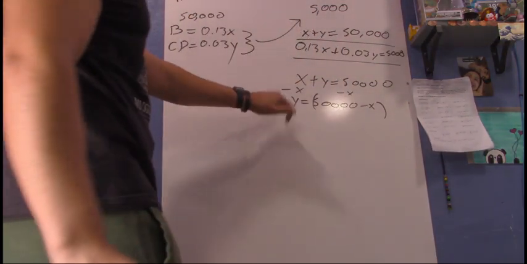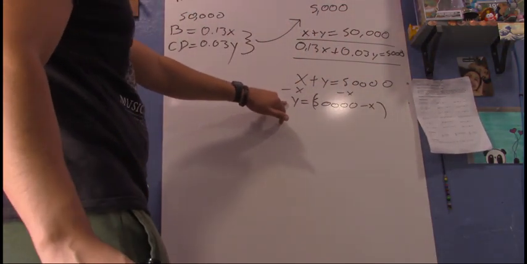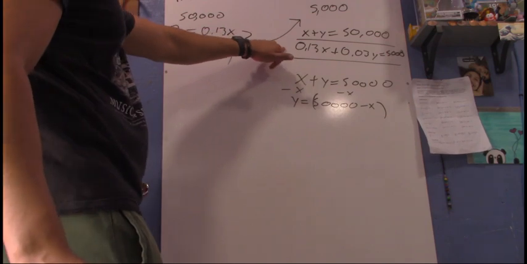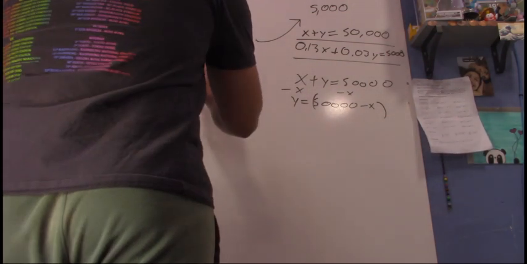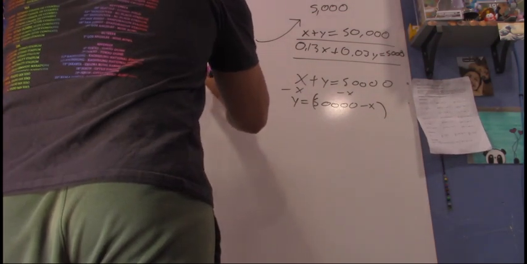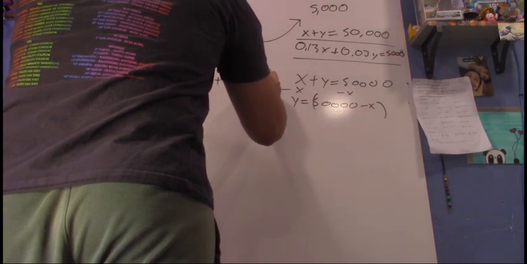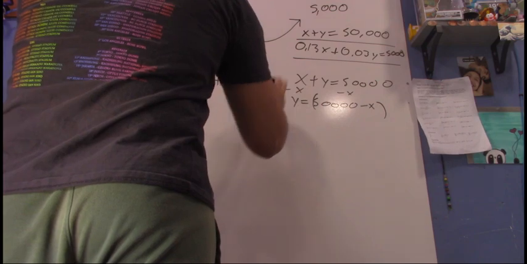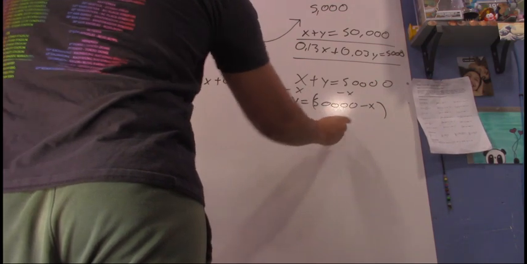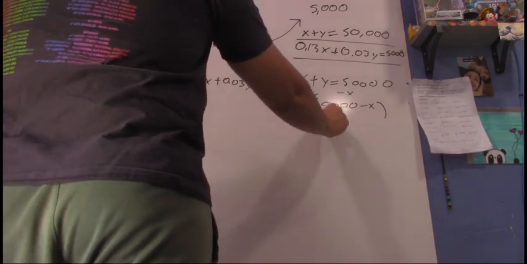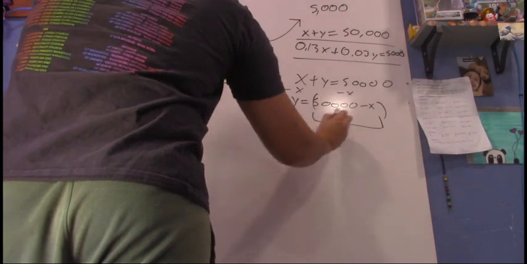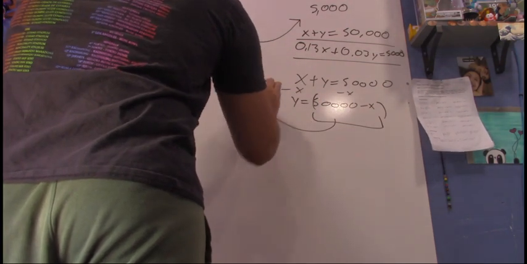Now that we have y by itself, we could substitute it and put it back in the second equation. So let's go ahead and do that. 0.13x plus 0.03y equals 5,000. And we're going to plug in this whole thing right here into that y value.